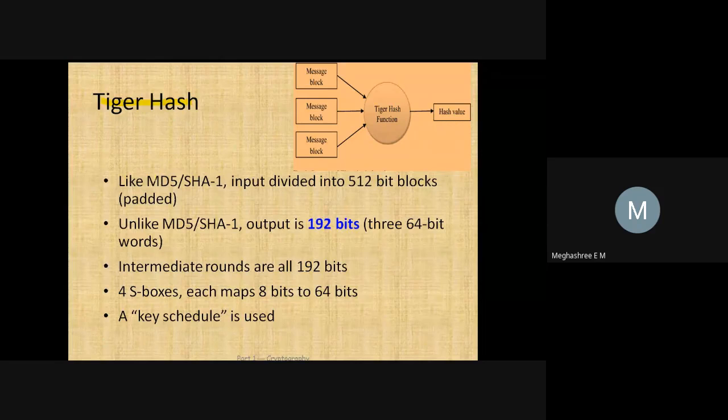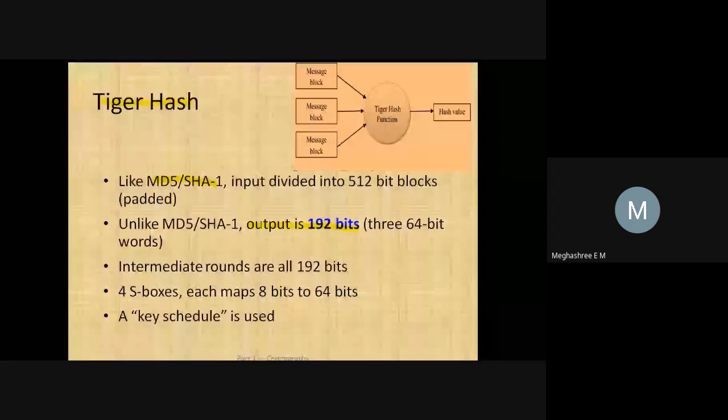You can see in MD5 or SHA1 the input is divided into 512-bit blocks. If the input can't be divided into 512-bit blocks, we pad it with 0 or 1 or X, it depends. Whereas in this Tiger hash function, the output is 192 bits.